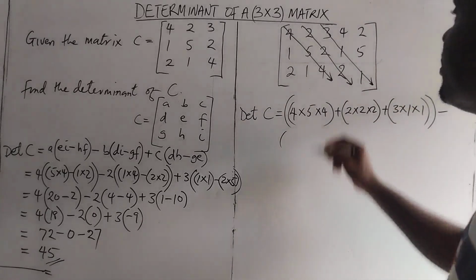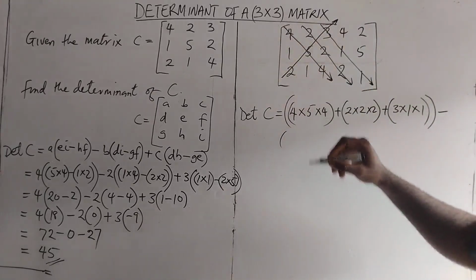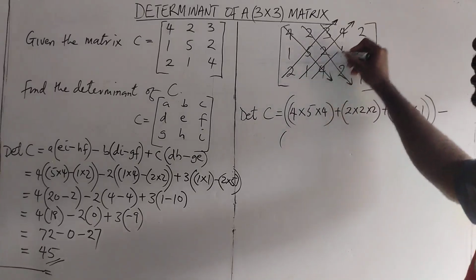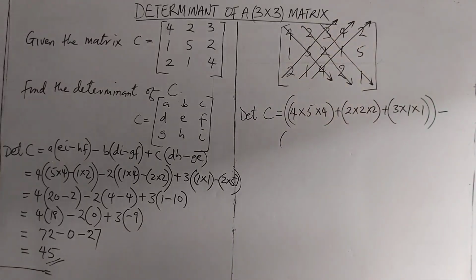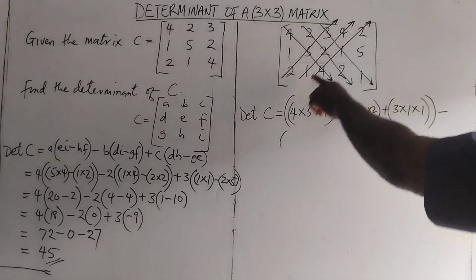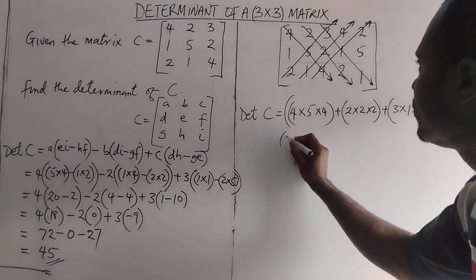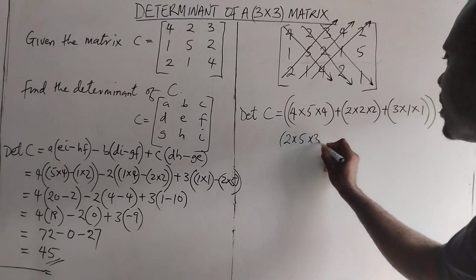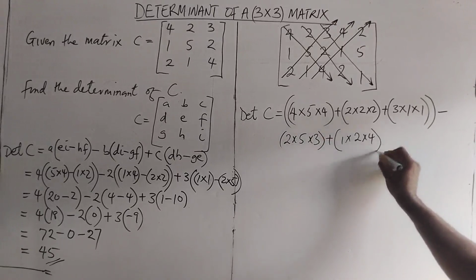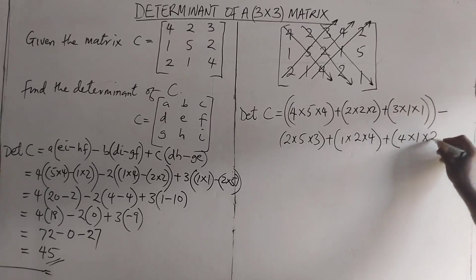So the other diagonals here are this one, number 1, this one, number 2, and this, number 3. So find the product of each of these other diagonals. We have 2 times 5 times 3 plus 1 times 2 times 4 plus 4 times 1 times 2.